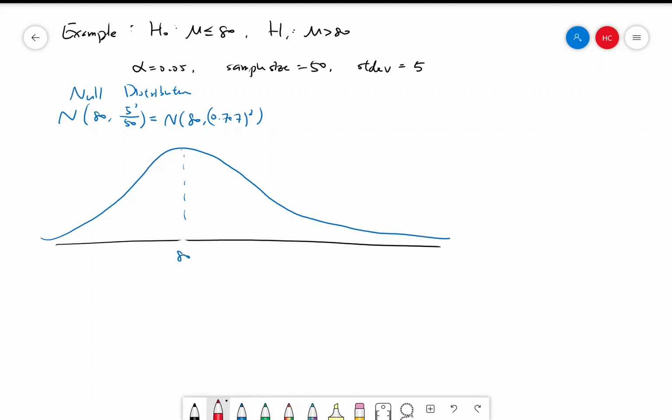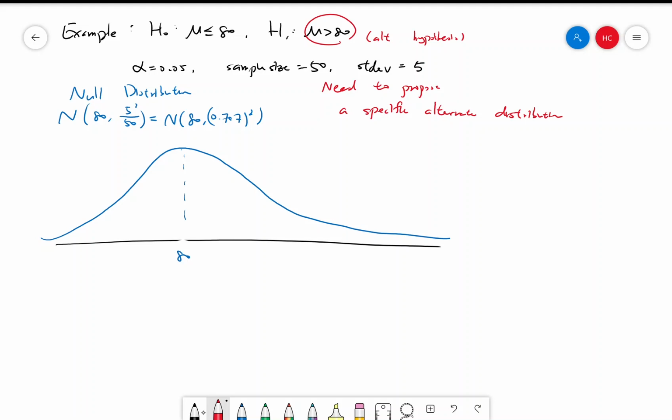The trick to calculate power is we need to propose a specific alternate value for the alternate distribution. If we look at the alternate hypothesis, that means mu is greater than 80. We need to pick a value that's true in this hypothesis and form an alternate distribution.